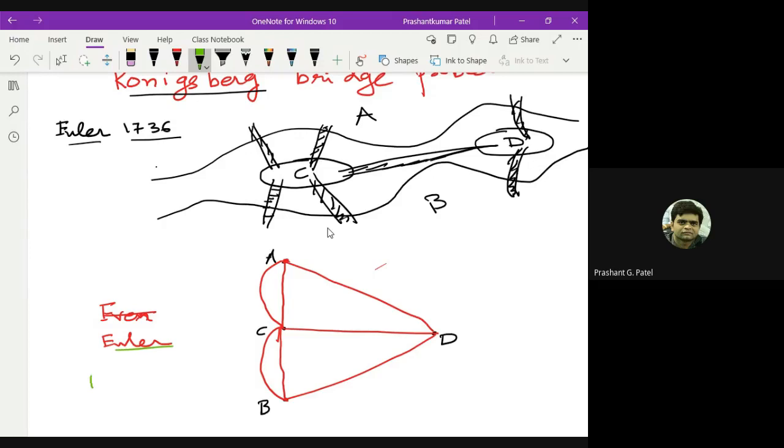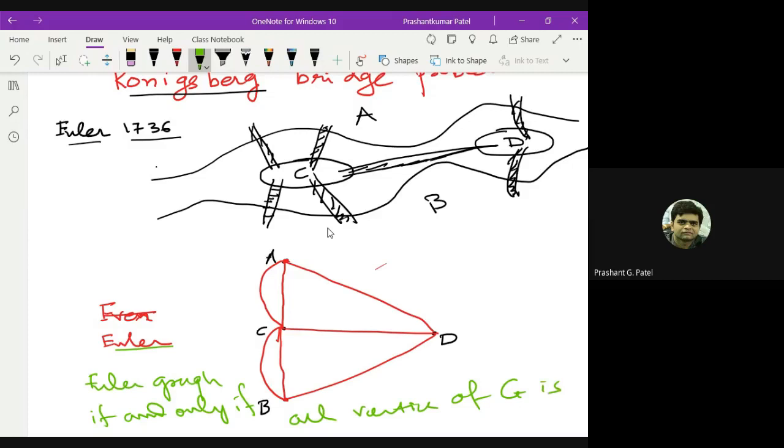And it says that a graph is Euler if and only if all vertices of G are of even degree.